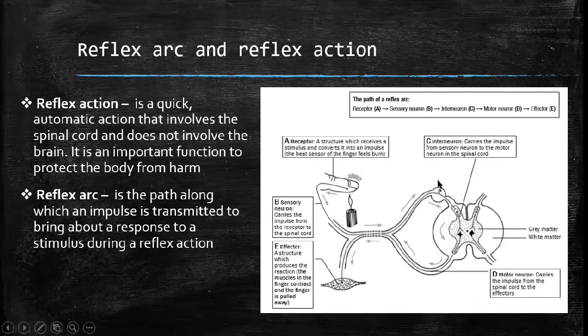The dorsal horn is also called the posterior horn. This part here is called the anterior horn. It leaves via the anterior horn, and then it goes to your effector. Now, what will happen? You're going to pull away your fingertip or this finger, and then you protect yourself from getting hurt.